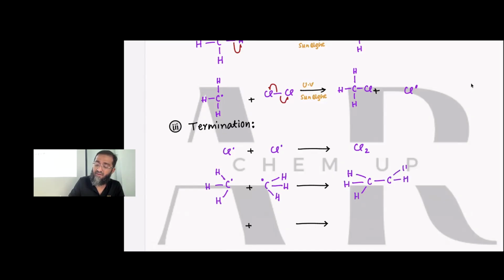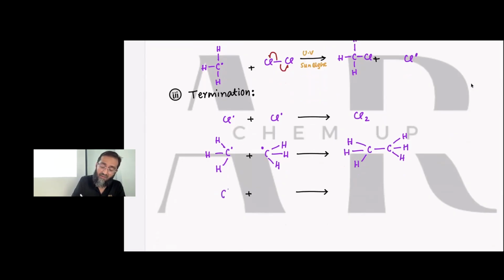And the third possibility would be that a methyl and a chlorine radical join with each other, forming CH3Cl. Yeah, you can write it in formula form. I have just shown how they are being bonded.